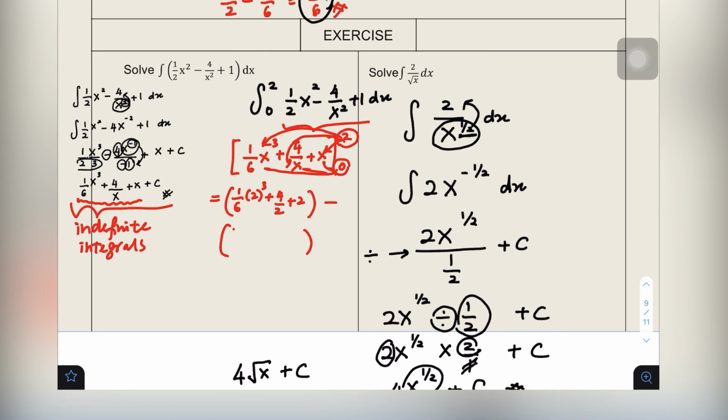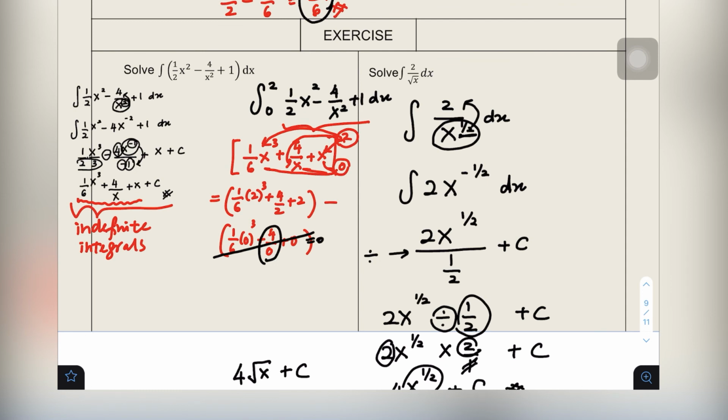So what you will have is 1 over 6, 0 to the power of 3, plus 4 over 0 plus 0. If you can see here, this one is actually infinity. We just ignore this one because you have not learned addition with infinity. This one is just the example. Any number divided by 0 gives infinity actually, but we just ignore this and say it is equal to 0.